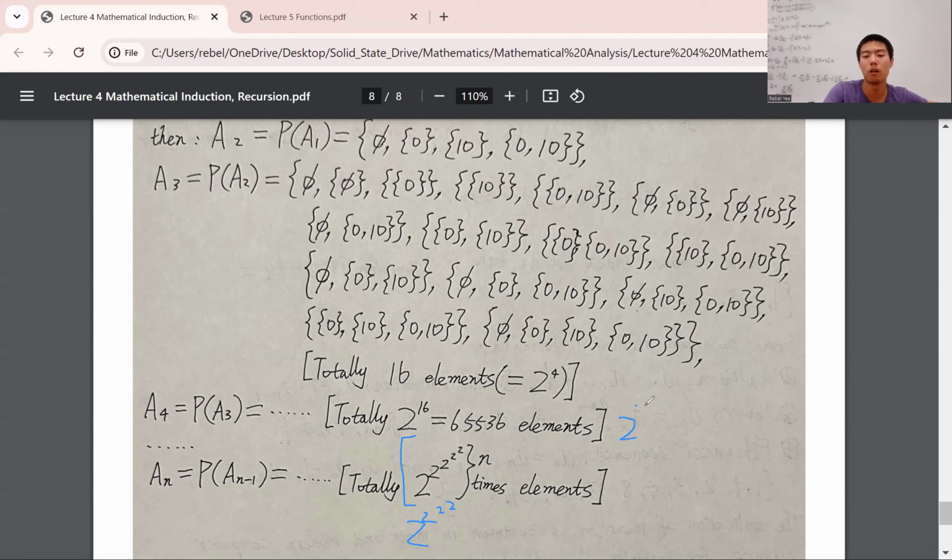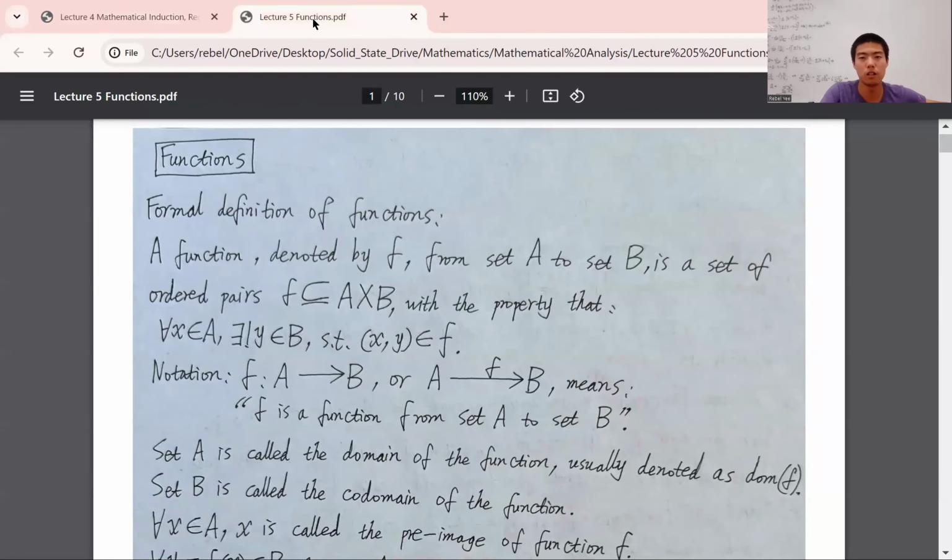And it's 2 to the power of, there are 2 layers of tower, which is computed as 2 to the power of 2 to the power of 4, equal to 2 to the power of 4, which is 16. So this is the same result. So we have already proven it. So we end the discussion about the power set and move to today's content.